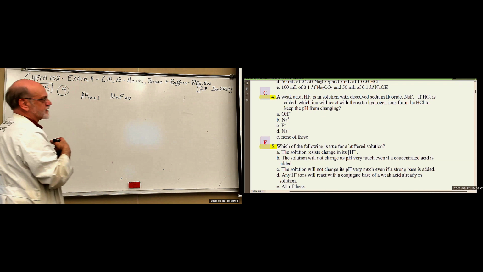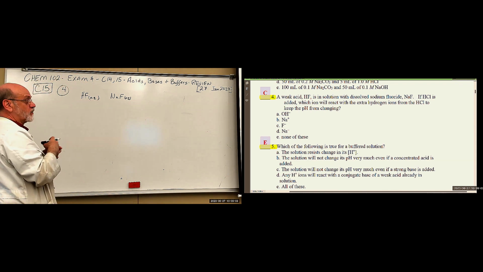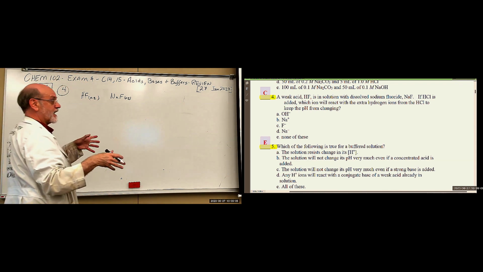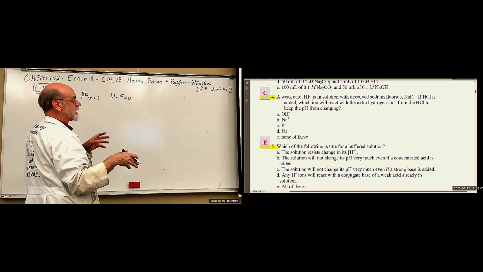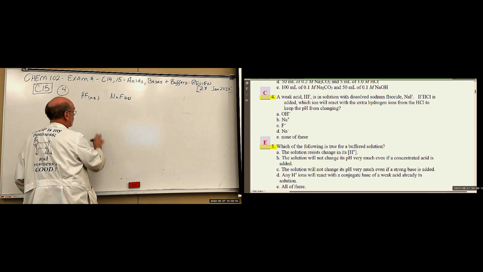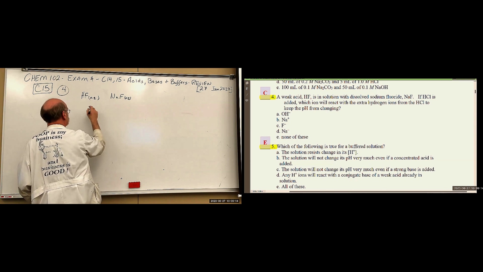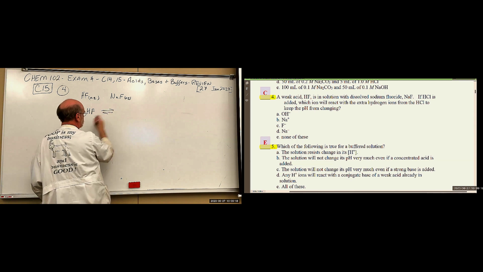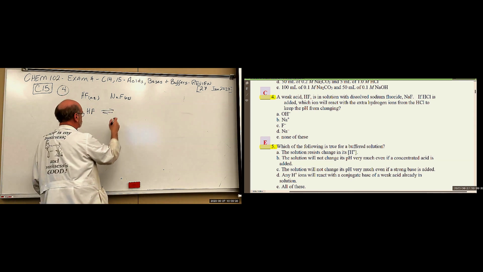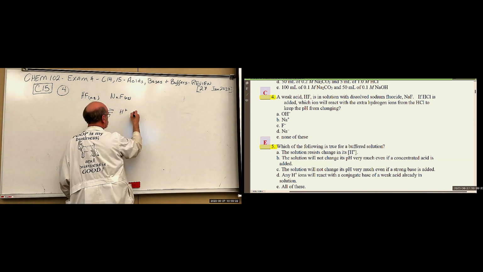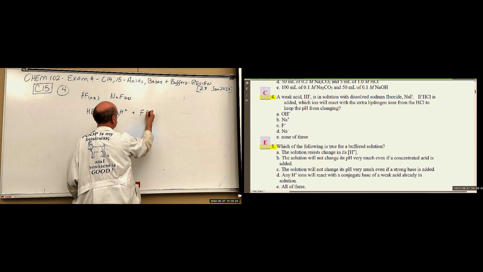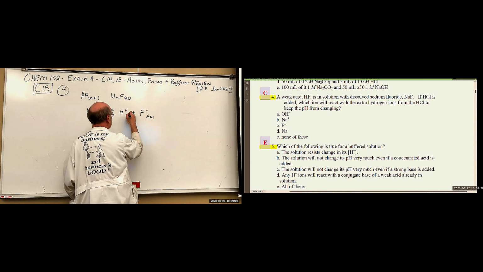If hydrochloric acid, HCl, is added, which ion will react with the extra hydrogen ions from the HCl to keep the pH from changing? All right, so we look at the equation this way. We've got fluoride ions and HF. HF, and I'm going to use the abbreviated version. We got hydrogen ions here and fluoride ions there. These are all aqueous.